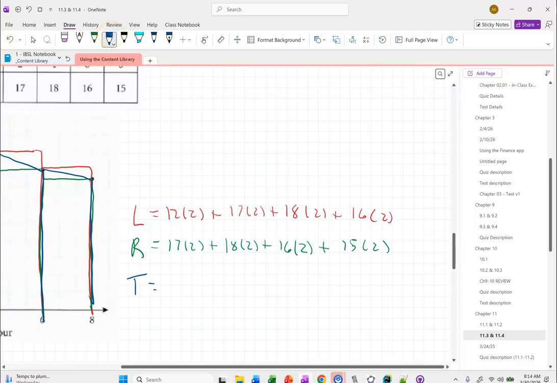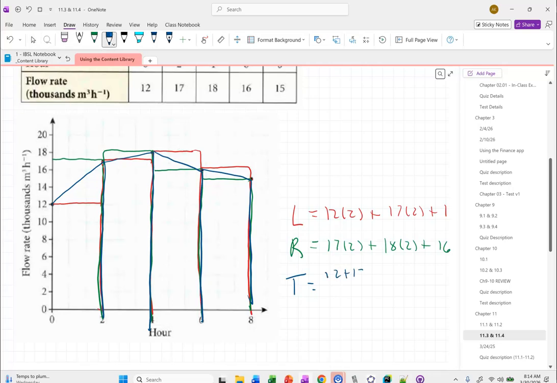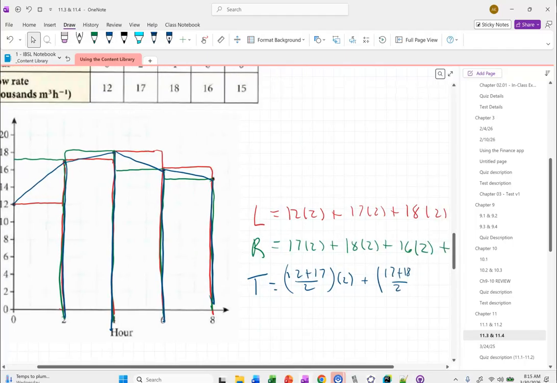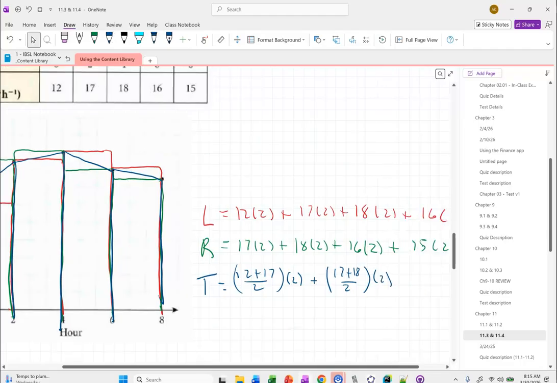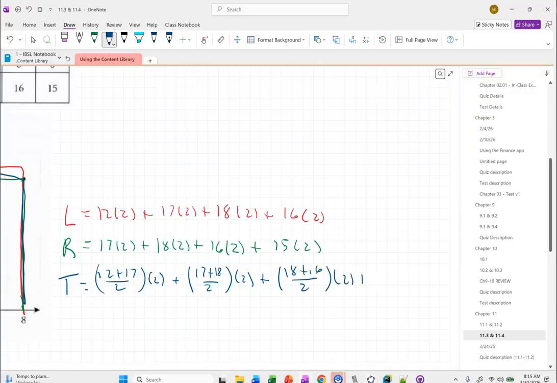Or if I did it using trapezoids, I'd have 12 plus 17 over 2 times 2 wide plus 17 plus 18 over 2 times 2 wide plus 18 plus 16 over 2 times 2 wide, and then 16 plus 15 over 2 times 2 wide.